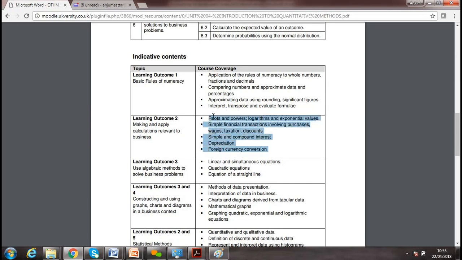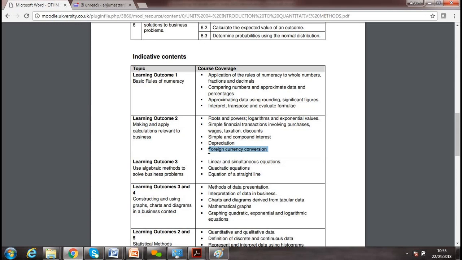Any question? No? Okay, next we are looking at foreign currency conversion. What is meant by foreign currency conversion? For example, converting one currency into another currency, such as pounds into dollars, or dollars into dirhams.